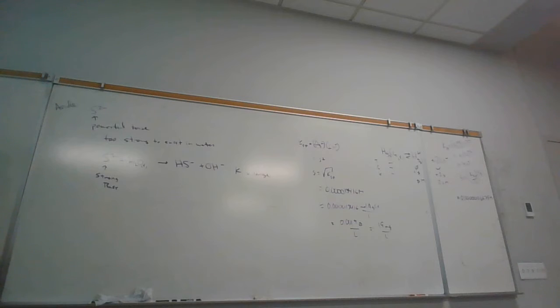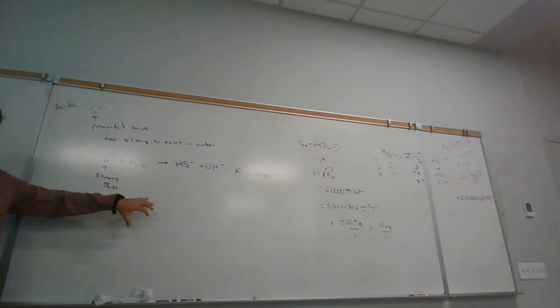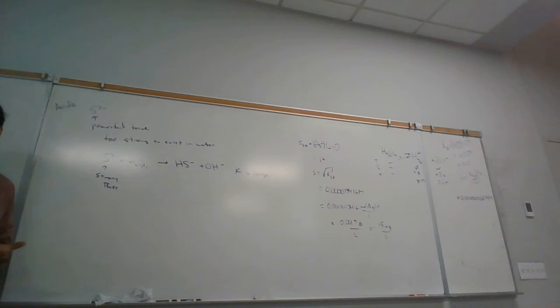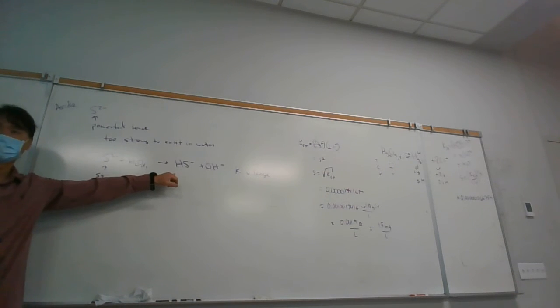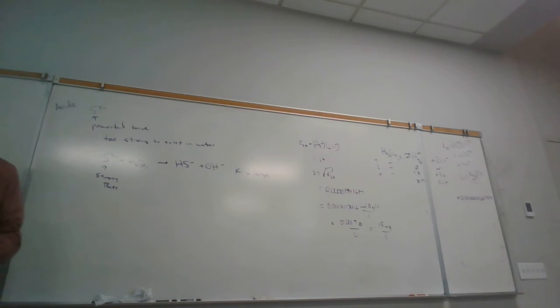So I try to dump sulfide in there, but rather than getting sulfide (aq), I'm going to get HS minus, hydrogen sulfide ion (aq). Now, it turns out that hydrogen sulfide can react in a metathesis reaction. What's going to happen is the silver ions are going to knock hydrogen off there.